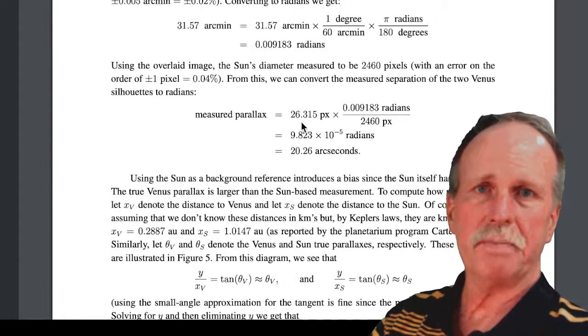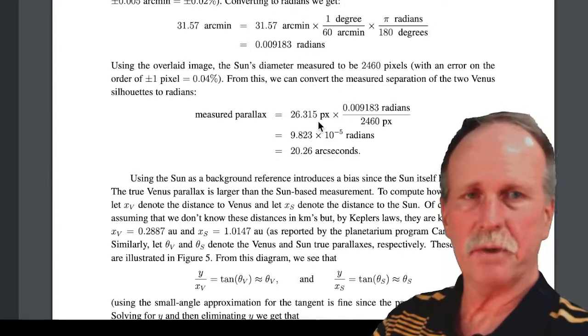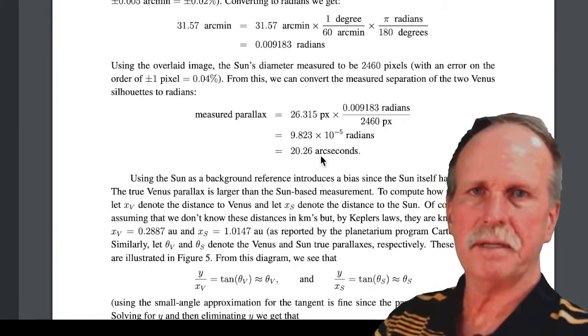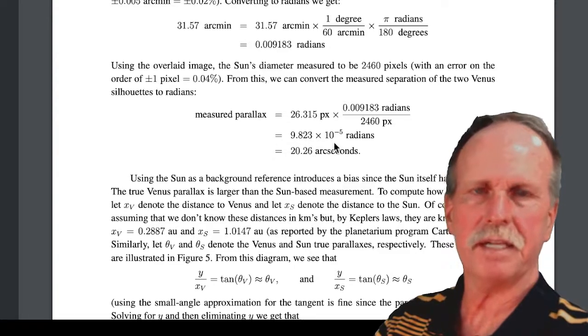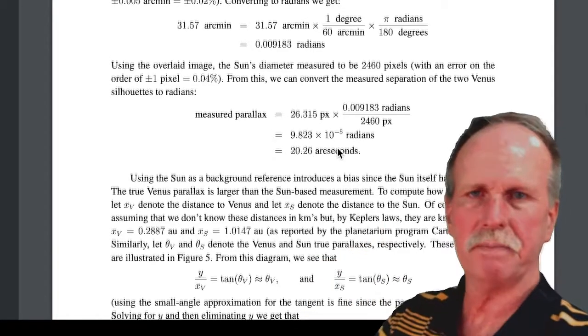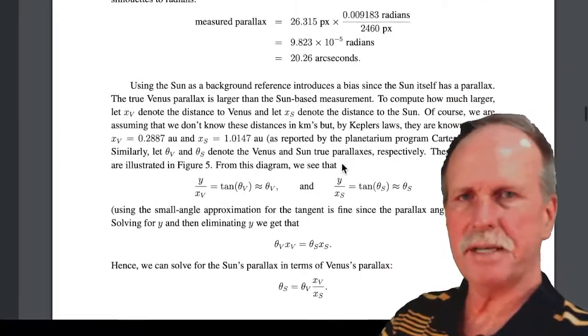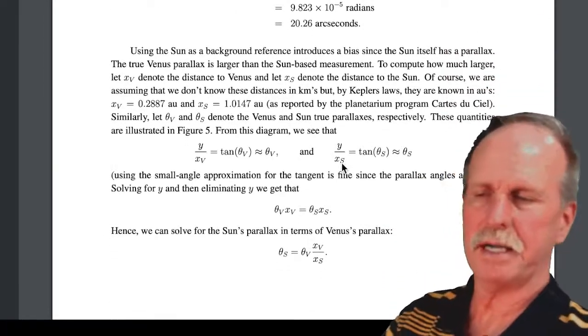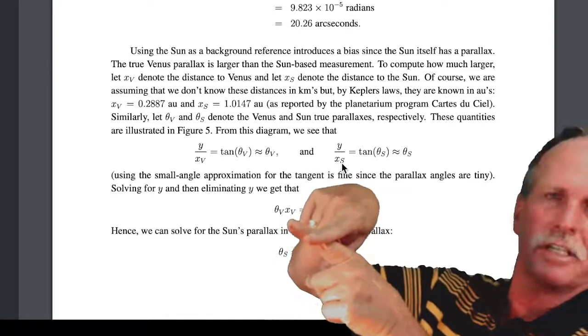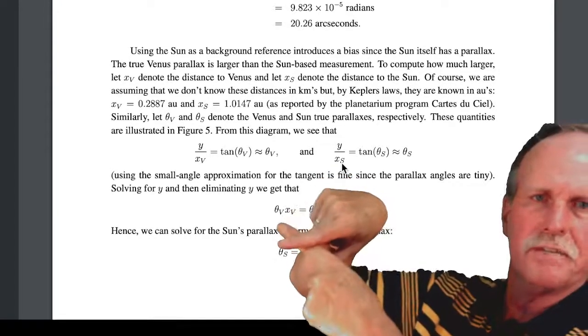This is the measured parallax that he was able to get. He took the measured parallax, 26.315 pixels between the two silhouettes of Venus, and came up with 9.823 times 10 to the negative 5 radians. That's the separation between the two. Now, this has to be corrected because the sun itself has a little parallax. If you were to take your two observers and look at the silhouette of Venus, it's going to cross at Venus.